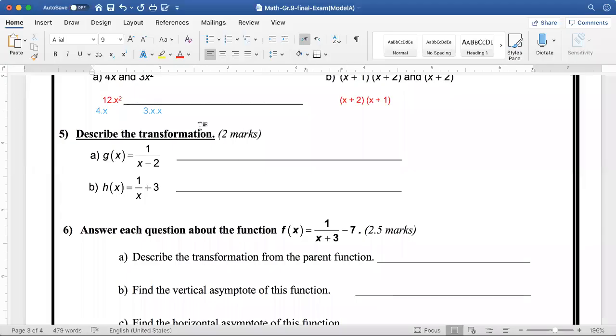Number 5, we have to describe the transformation. g of x is equal to 1 over x minus 2. If we go back to the rational functions, the original rule is a over x minus h plus k.